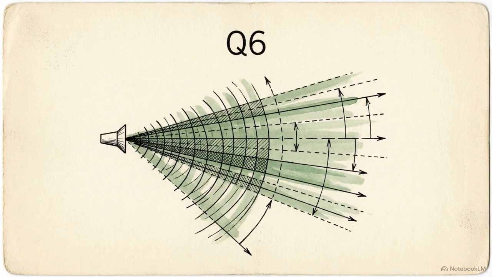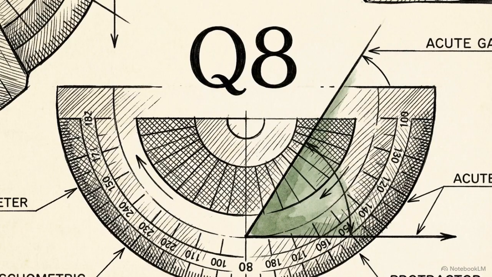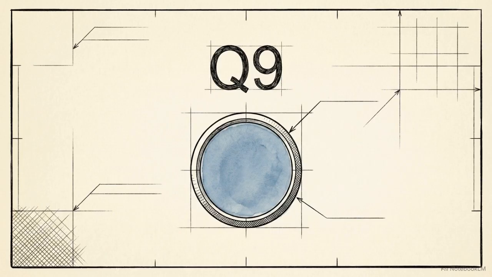Question 6. ILS Localiser frequency. 108.1 to 111.95 MHz VHF, odd tenths. Question 7. ILS Glidepath frequency. 329.15 to 335 MHz UHF. Question 8. ILS Glidepath angle, 3 degrees. Question 9. Outer marker audio and visual, 2 dashes per second, blue light.